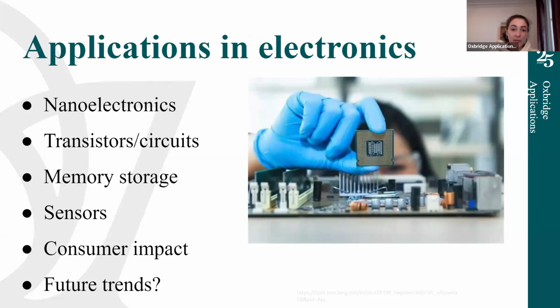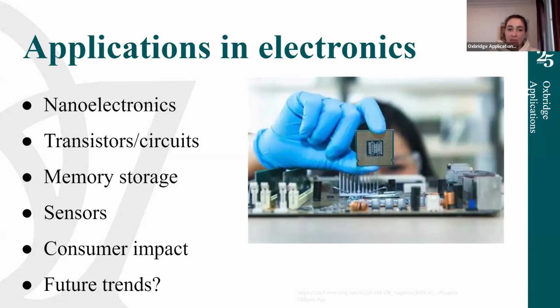Memory storage as well is hugely important. One example is the development of flash memory using nanocrystals. This increases storage density and reduces power consumption. Magnetic nanoparticles also are being researched to create high density storage solutions like MRAM. This is a lot faster and more durable than traditional memory.